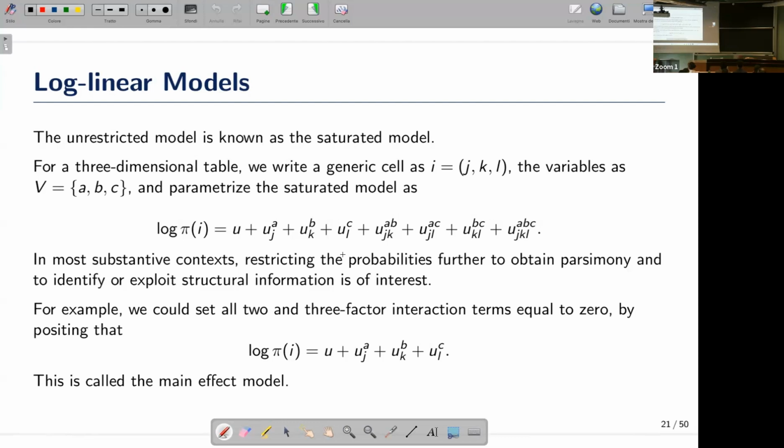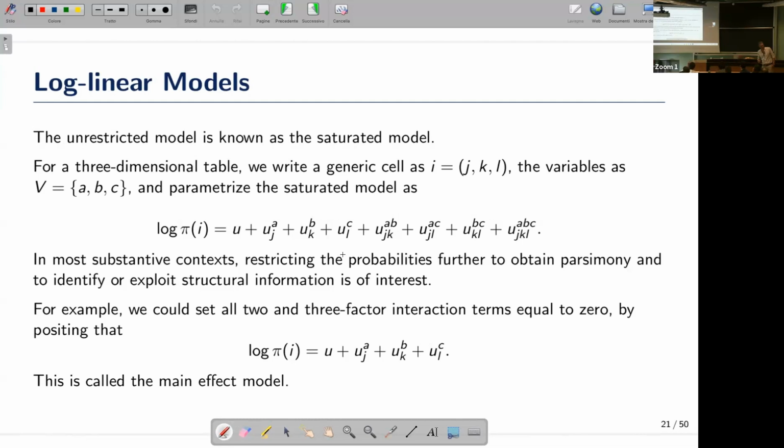As we said before, if we have three variables, do you remember the name? Francesca. We were saying, if we model the joint probability like this, we will get exactly the contingency table we started with, right? In the log linear model, we make some assumptions. For example, we remove the interaction of the three variables, and then we can remove this. This is called the main effect model.